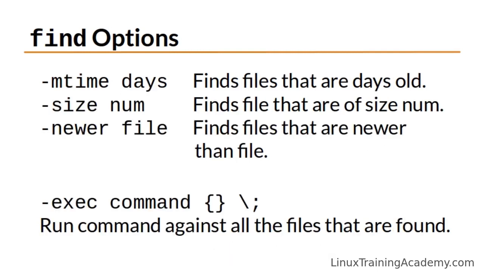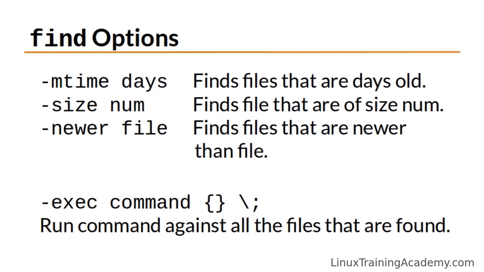You can search for files by modification time by using the -mtime option to find. You can also search for files based on size using -size. To find files and directories that were created after another file, you can give that file to find with -newer.